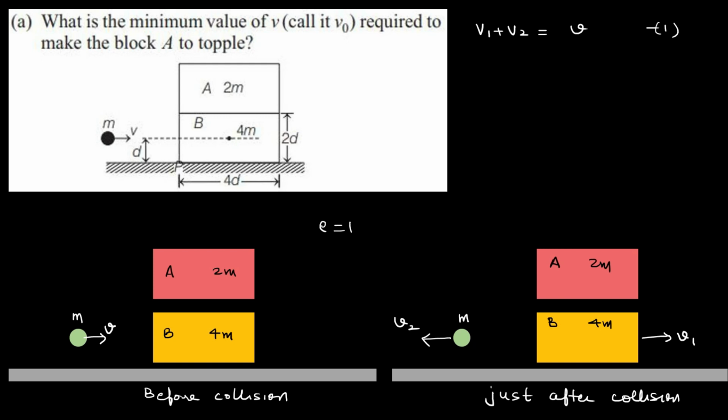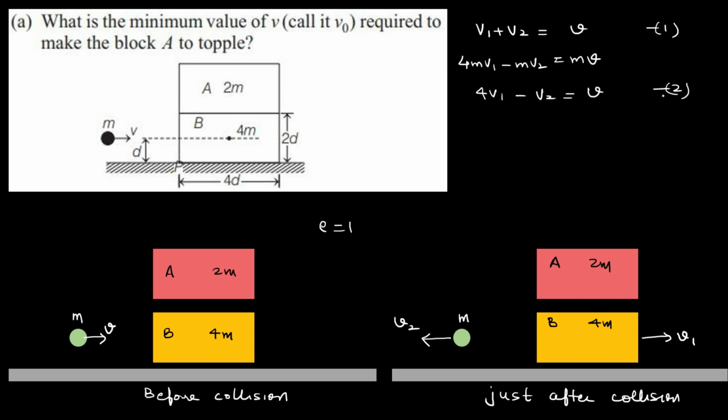Now conservation of momentum, because during the collision we neglect the effect of friction. Momentum just before collision is mv, and momentum just after collision is 4mv1 minus mv2. Dividing both sides by m, we get 4v1 minus v2 is equal to v.